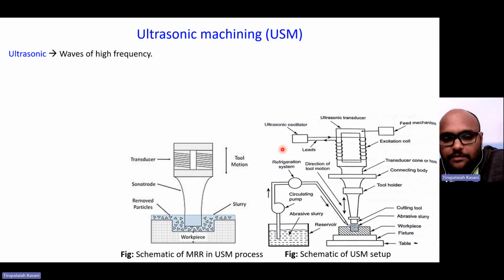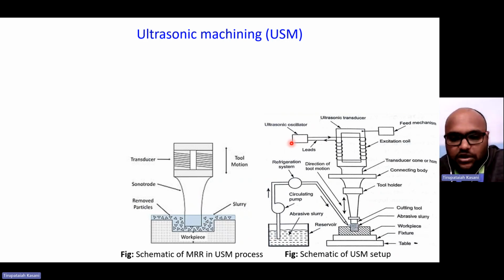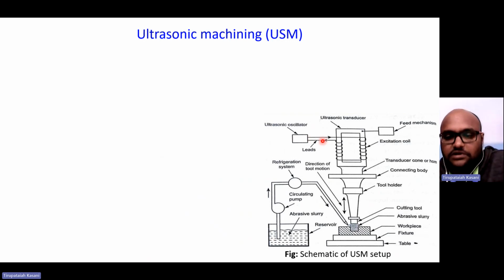Whenever we give power supply to this ultrasonic oscillator, this is the ultrasonic transducer. This is the excitation coil, these are the leads or the power connections, and this is the feed mechanism.